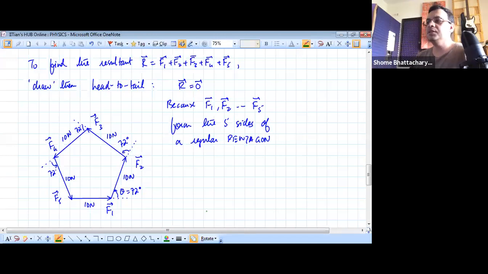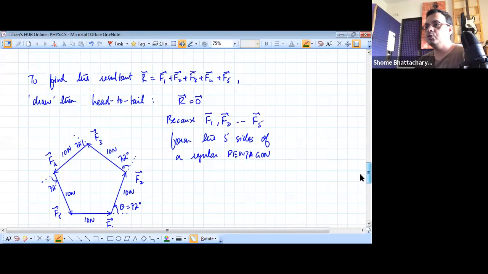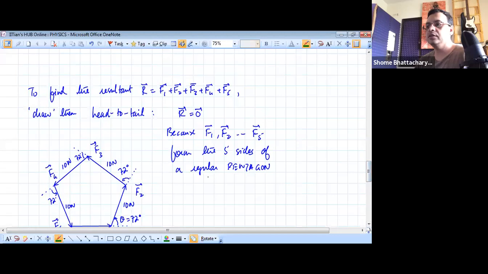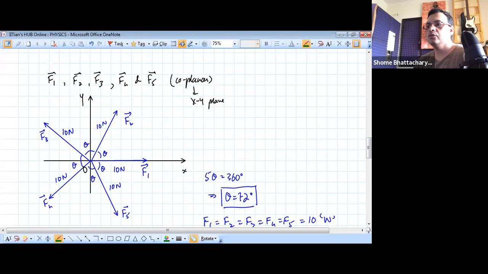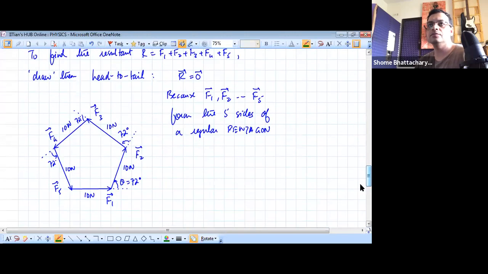Okay, so let me explain a little bit about the geometry of any n-sided regular polygon, and from that it will be a little easier to understand how we were able to arrive at this conclusion straight away: that the sum of these 5 vectors which we have drawn from the origin of our xy plane like this, how can we be so sure that when we join them head to tail, it has to give us this regular polygon.